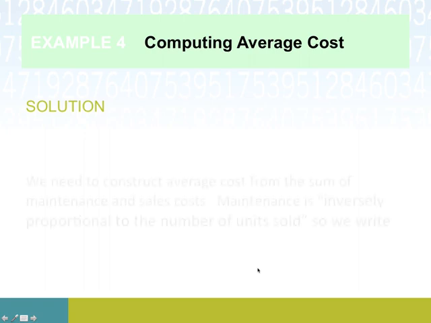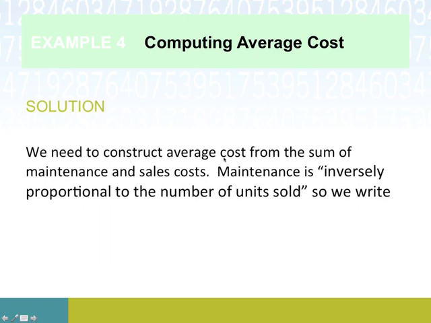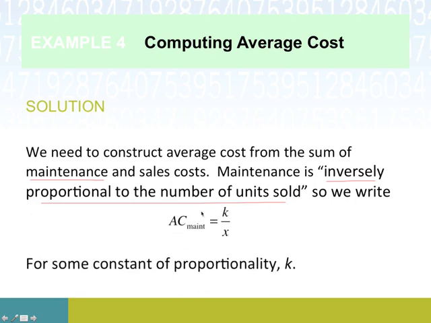Well, we've got two pieces basically to consider. Average cost, they are telling us, is made up of maintenance and sales costs, respectively. So the first thing we'll tackle is the maintenance portion of this, and we're told just back in that original statement that it's inversely proportional to number of units sold. So just using our definition of inversely proportional, we can take average cost of maintenance, and this is a very long name of a variable, but AC, average cost, and then it gets the subscript just because there's going to be another portion of this.